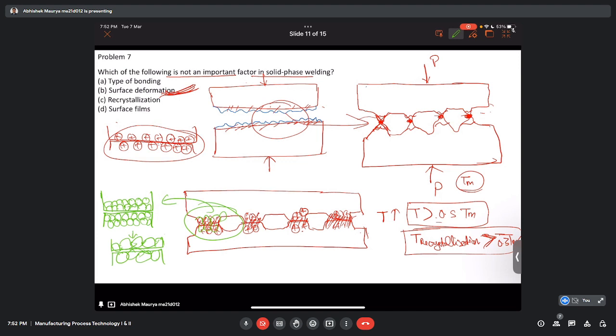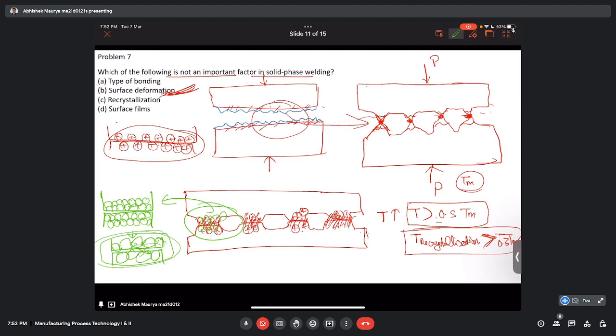So if this happens, then what will happen to the strength of the welding? Definitely, if we increase the grain size, then the strength of the material decreases, or we can say the ductility of the material increases. So because of temperature, the recrystallization process takes place, and that changes the strength of the welding.